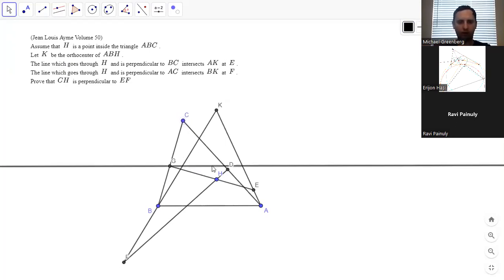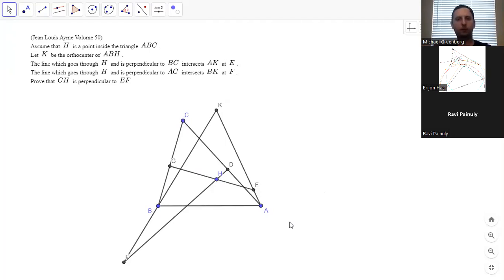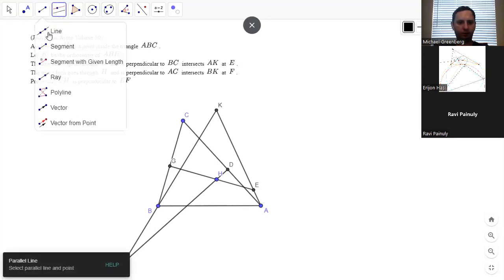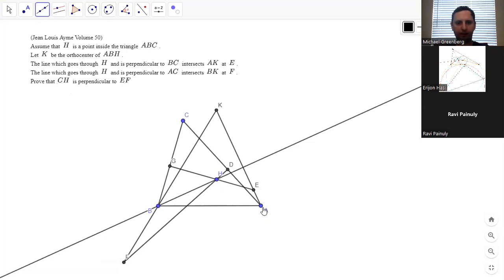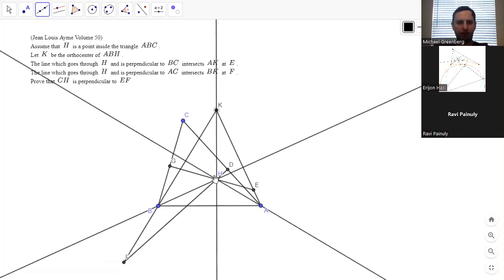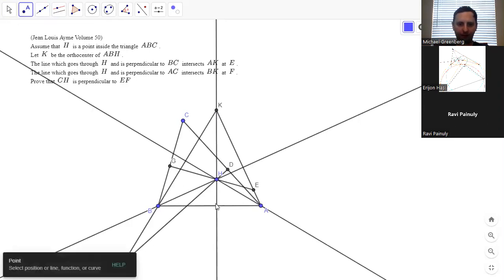All right. This is a tricky configuration. Let me draw in the perpendiculars from A and B and C. That might make it just a little bit easier to understand.